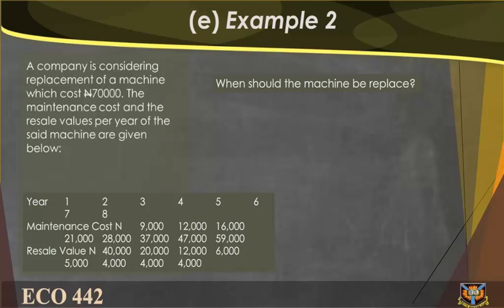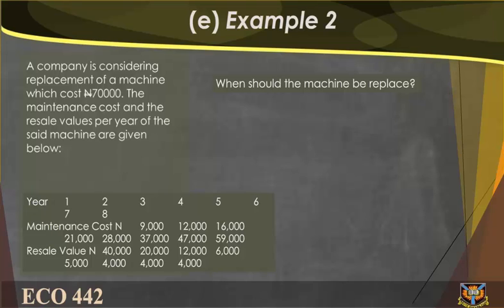E. Example 2. A company is considering replacement of a machine which costs 70,000 naira. The maintenance cost and the resale values per year of the said machine are given below. Year 1 to 8.